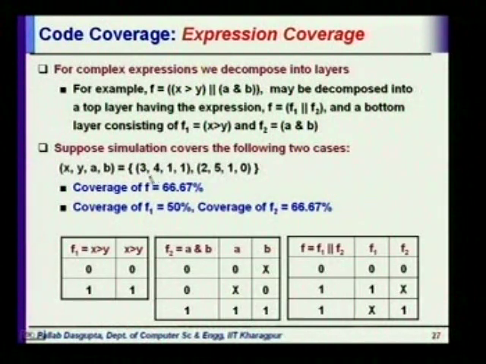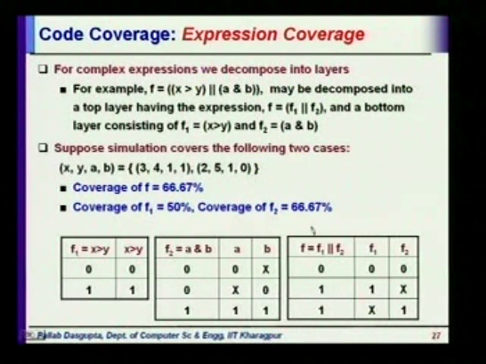So, is it true here? No. So, here f1 is 0. What about this? Here also f1 is 0, right. So, in both of these cases f1 is 0, right. What about f2? f2 is a and b. So, this case is 1, for this case it is 0, right.